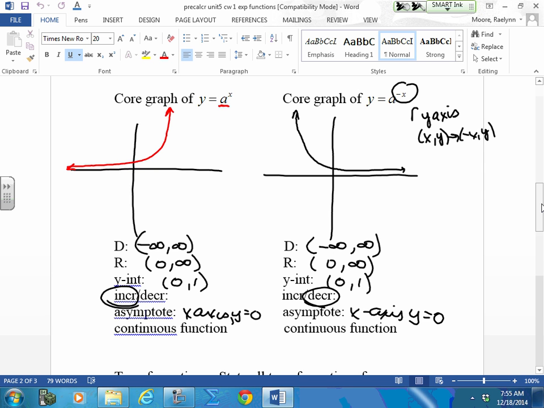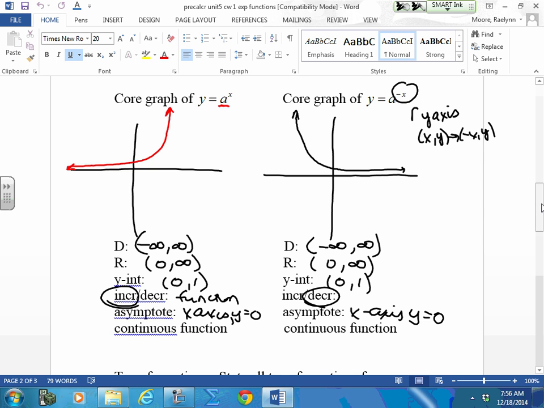No, they just want to know if it's an increasing or decreasing function. It should say function at the end. It's an increasing function. And they're both continuous. They're both functions. They're both continuous. So these are your basic core graphs for exponential curves.